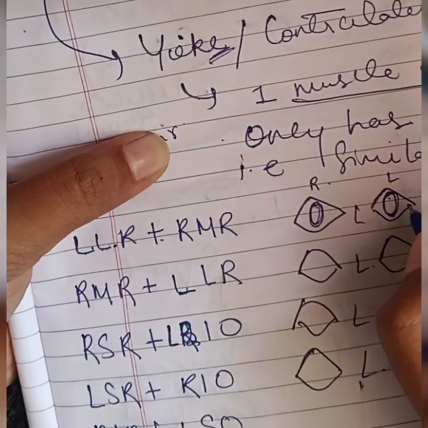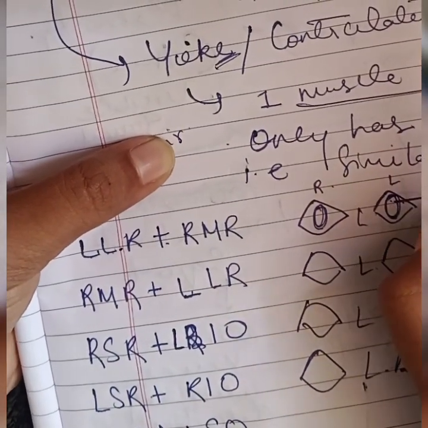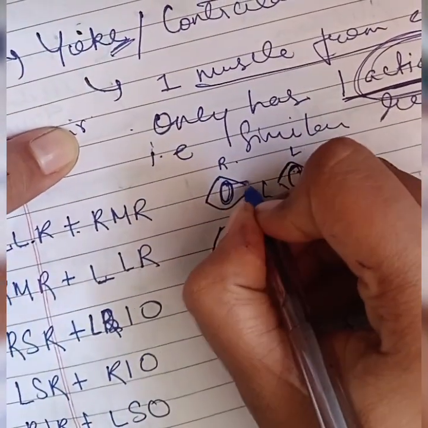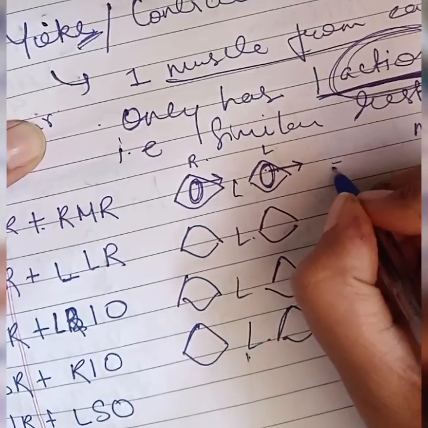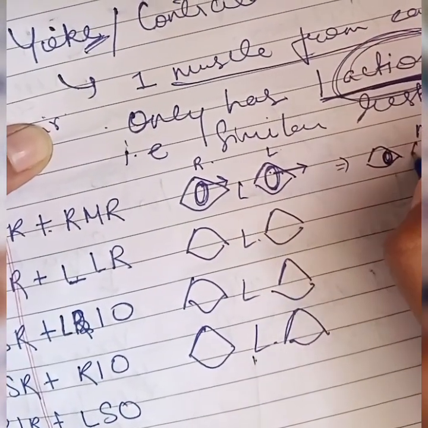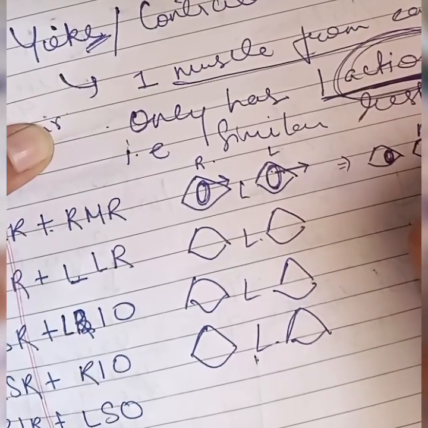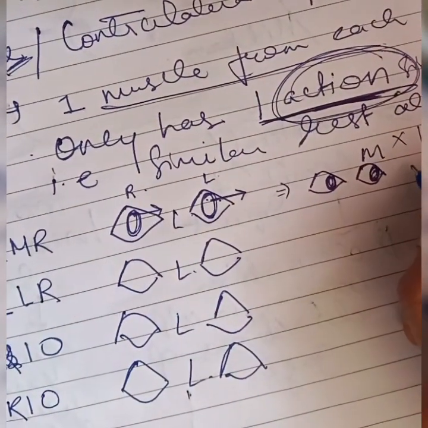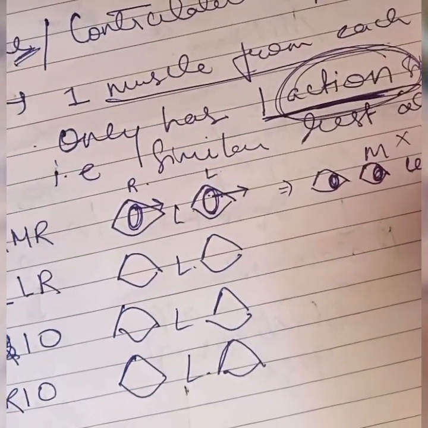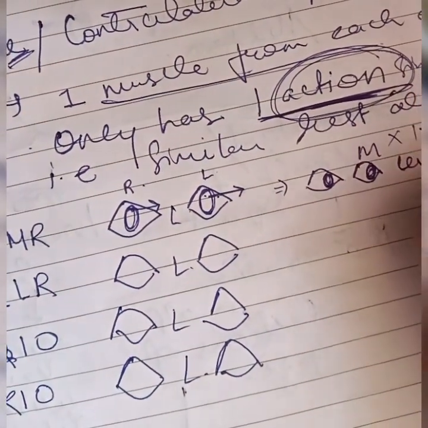So we know left side lateral rectus movement would be like this towards this side, and right medial rectus would be like this. So the final movement is this. So we will call it, for right it is dextro, for left it is levo. So levoversion.